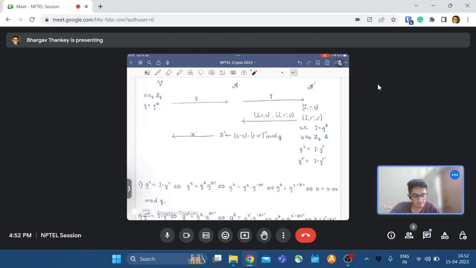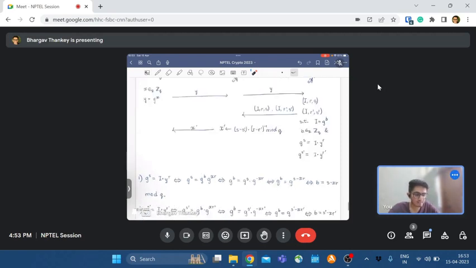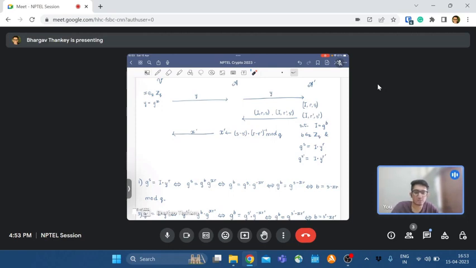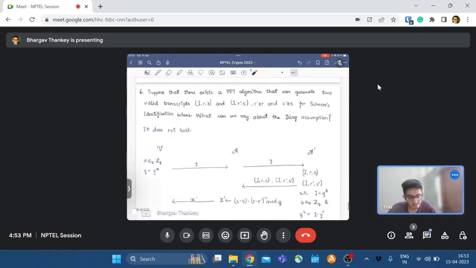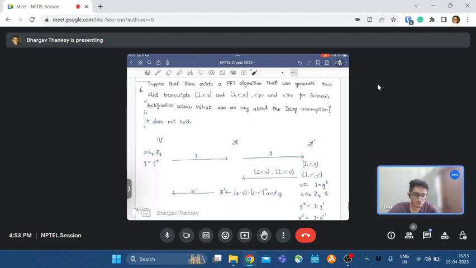It also knows S and S prime, so it can compute S minus S prime, multiply by R minus R prime inverse, and again go mod Q. Because of that, this X prime is exactly equal to X. So A can compute a discrete log efficiently as long as A prime is efficient. The thing is, A prime is efficient. That was our assumption, because the question says that there exists a PPT algorithm that can generate two transcripts. So A prime is efficient and therefore A is efficient. Is this fine?